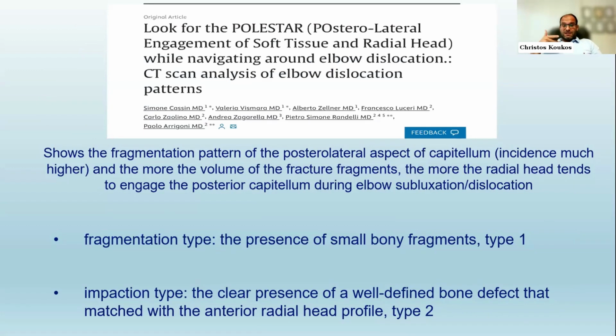That's why he classified two types: the fragmentation type, type 1, where small bony fragments are present, and type 2, the impaction type, where there is a bony defect in the posterolateral aspect of the capitellum that is matched with the anterior radial head profile.